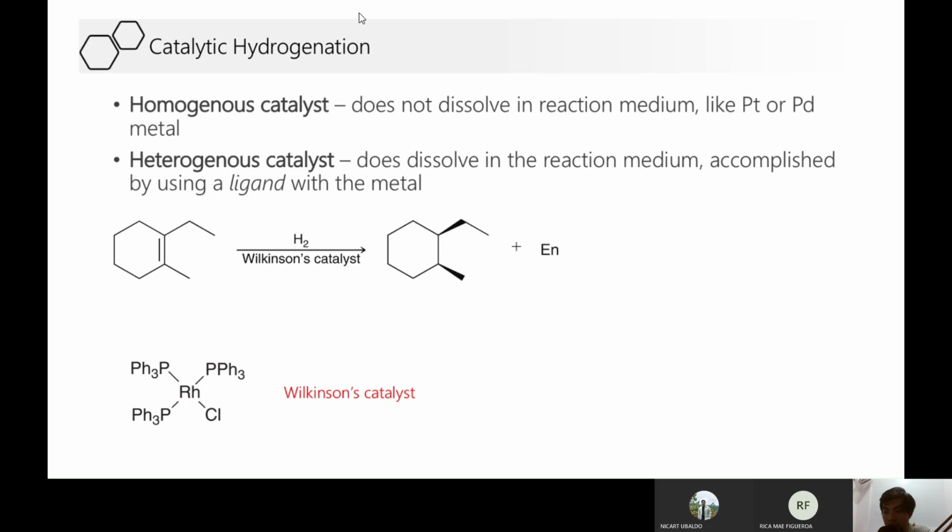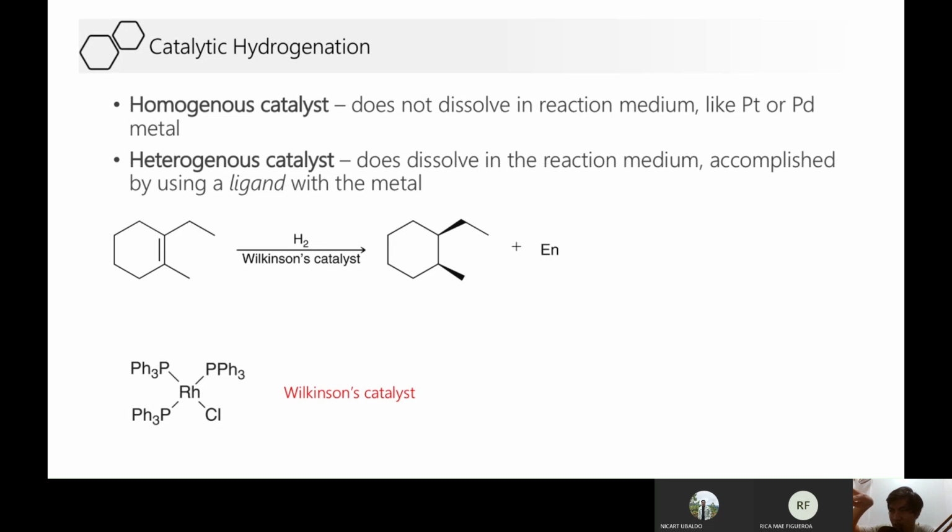Ayan, so dalawa yung processes ng ating hydrogenation, no? We can either have your hydrogen dissolved in catalyst na metal, or you can also use a ligand, no? So, ano yung ligand? Yan ay molecule na malaki, such as this one, the Wilkinson's catalyst. So, mapapansin nyo, itong Wilkinson catalyst, para rin yung clip, no?